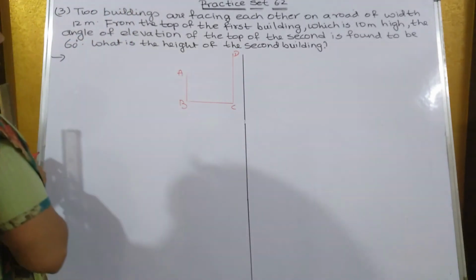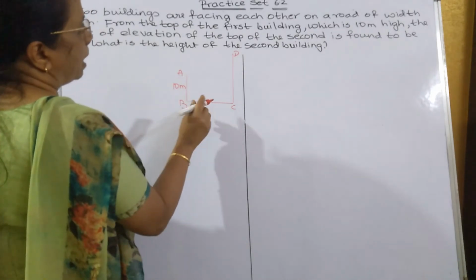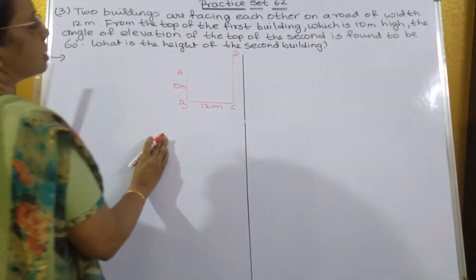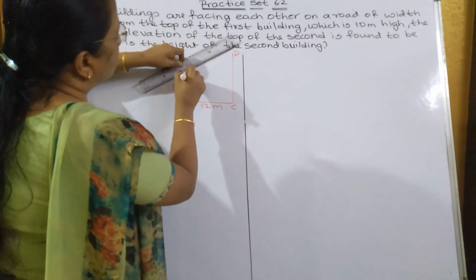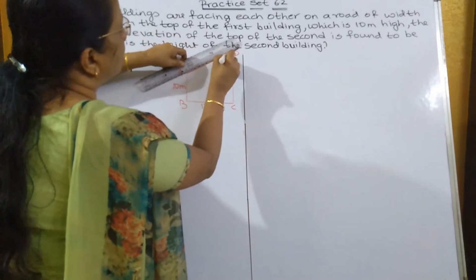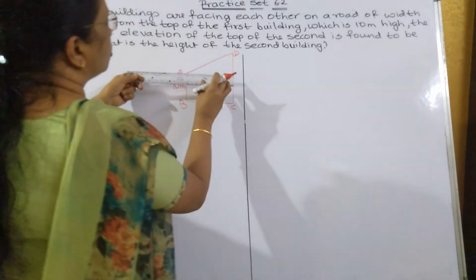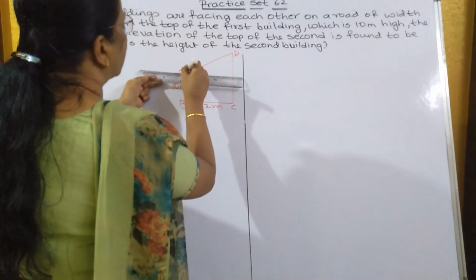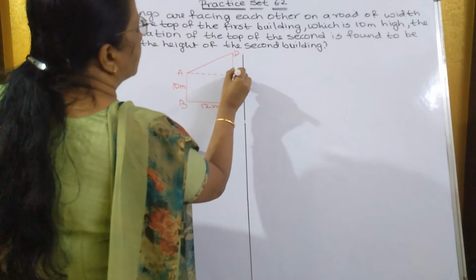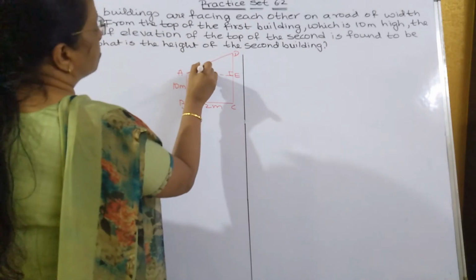Now they have said the height of this building is given as 10 meter, and the width of the road is given as 12 meter. Let us assume that the person is observing from point A. He is standing on the building AB and is observing the top of the second building and makes an angle of elevation of 60 degree. So draw a horizontal, that is, draw a perpendicular and name it as E. And this angle of elevation is 60 degree.